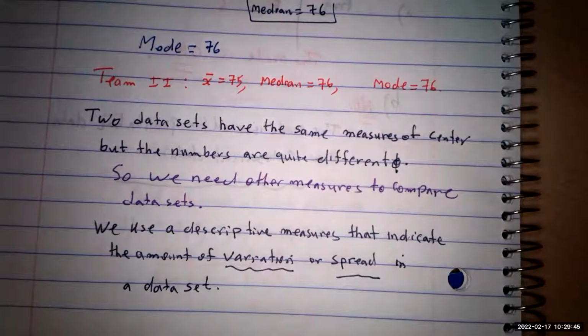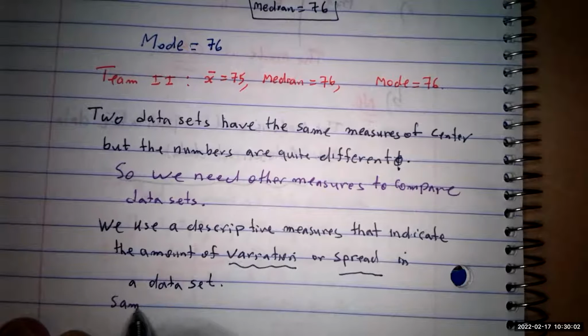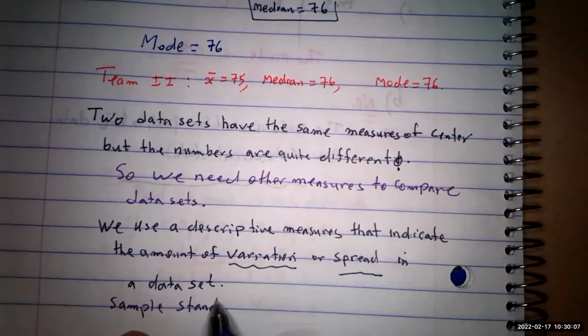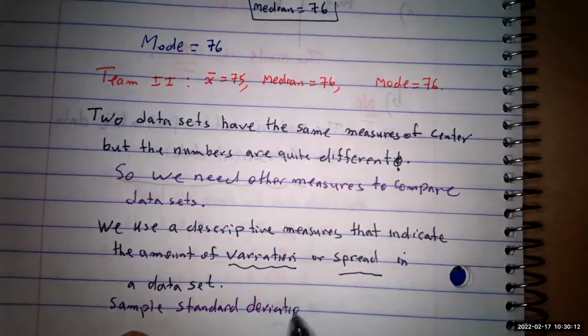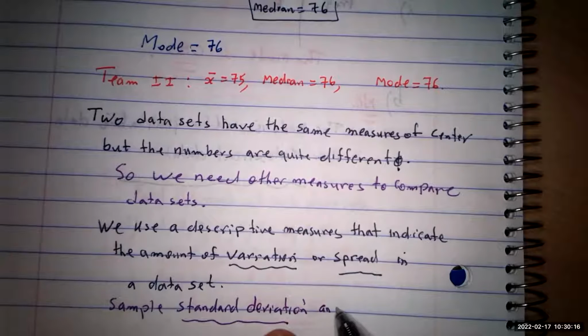So that's a need that we are going to have. There are going to be two different measures that we are going to use. One of them is called the sample standard deviation, and the other one is called the sample variance.